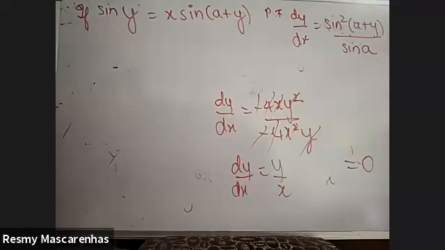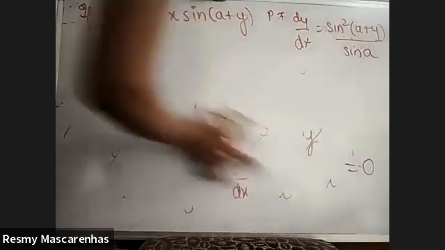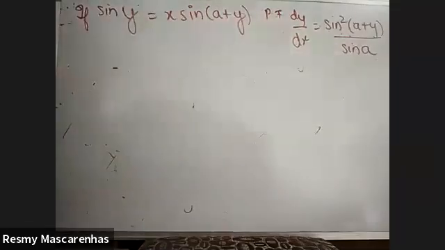This was asked in the board exams earlier, and it is a slightly different type of problem. One extra step will be needed. Okay, so we'll start solving the problem.